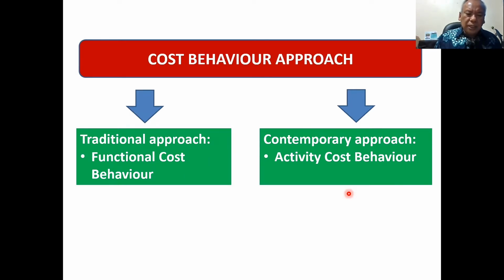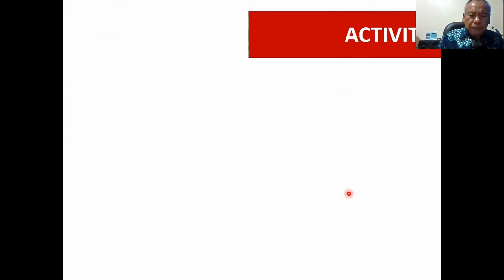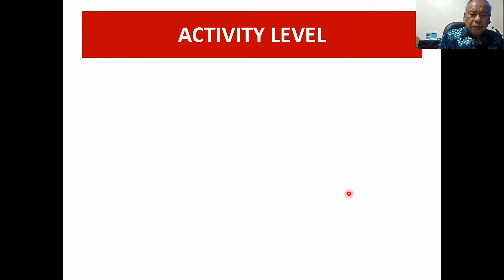So what is the difference between functional cost behavior and activity cost behavior? Before that, we have to know first the activity level, in order to distinguish between the functional based and the activity based cost behavior.